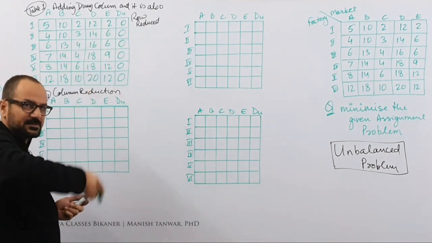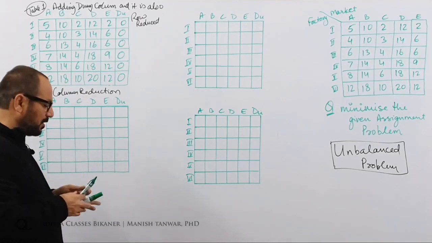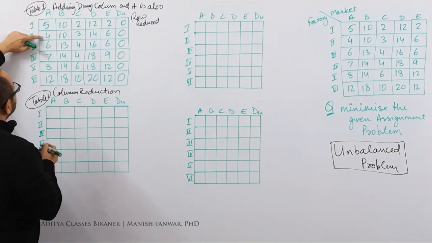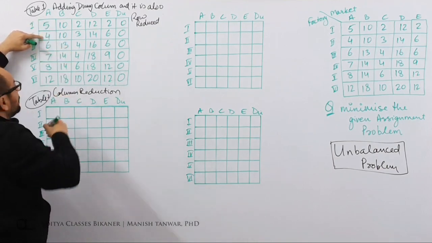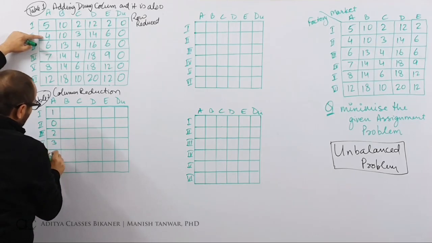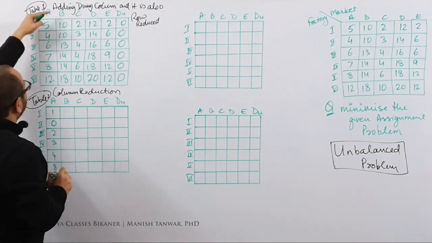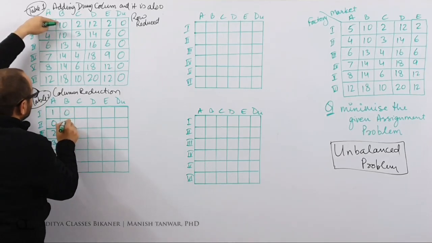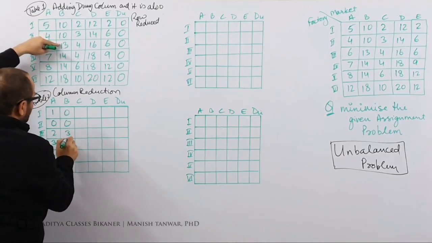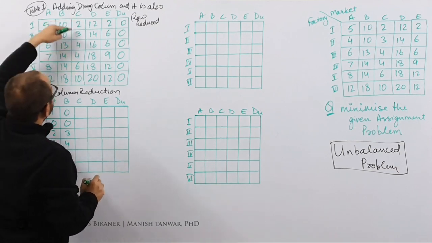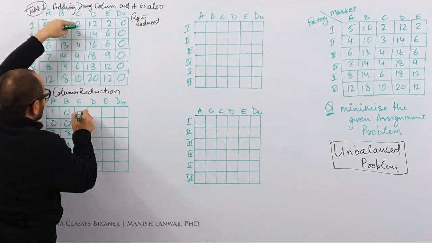Column reduction is subtracting the minimum in each column from all other values. In this column the minimum is 4. Subtract 4 from all other values in the column to get 1, 0, 2, 3, 4 and 8. Here the minimum is 10, subtract 10 from all. It will be 0, 0, 3, 4, 4, 8. Then the minimum is 2, subtract it from all.